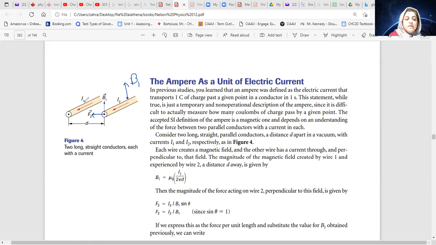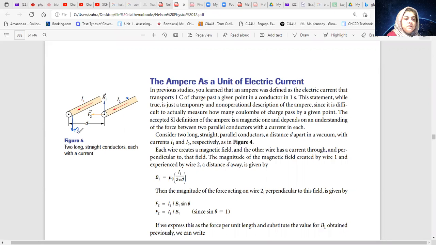We can investigate the same thing for the other wire. I want to find the direction of the magnetic field that I2 produces on I1. Again, this is I2. The wire is here, in front of us, so it will produce a magnetic field downward here.